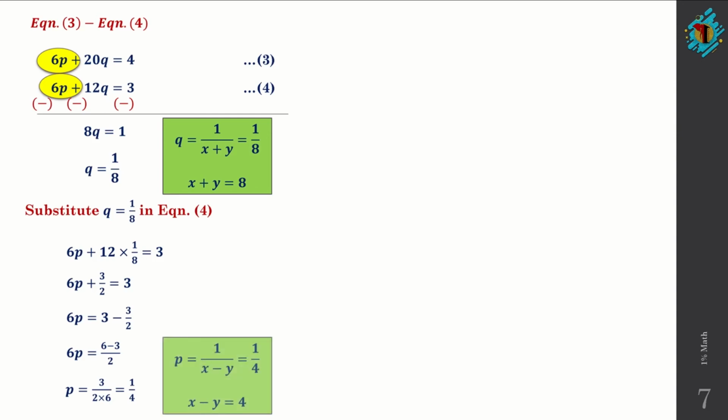We know that p we have taken as 1 by x minus y, which is now equal to 1 by 4. That means x minus y is equal to 4. Now our new equations are x plus y is equal to 8 and x minus y is equal to 4. Again, if you apply the elimination method and solve the equations, you will get the values of x and y as 6 and 2.